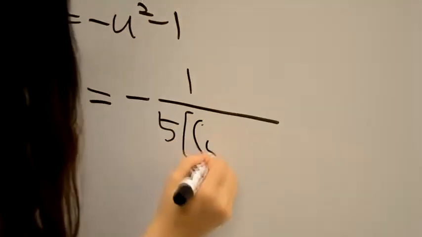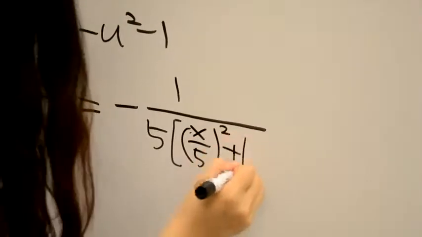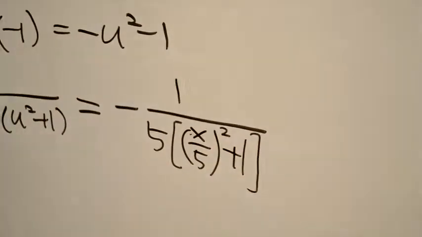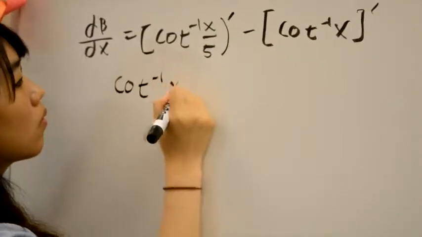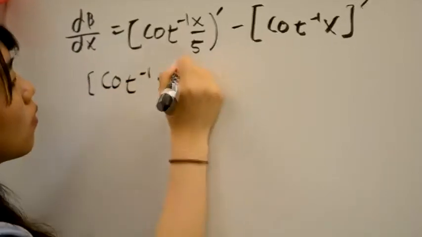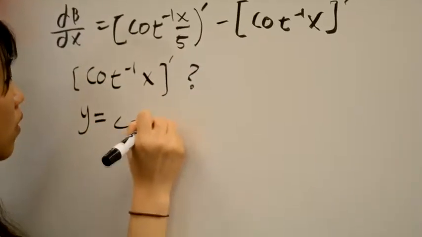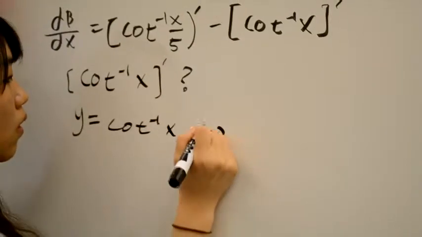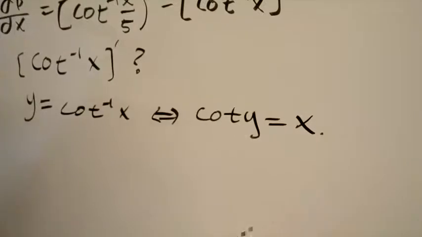And we're going to plug x over 5 back in for u. Now we're going to solve the derivative of inverse cotangent x. We're just solving each derivative one at a time, splitting the equation into chunks.